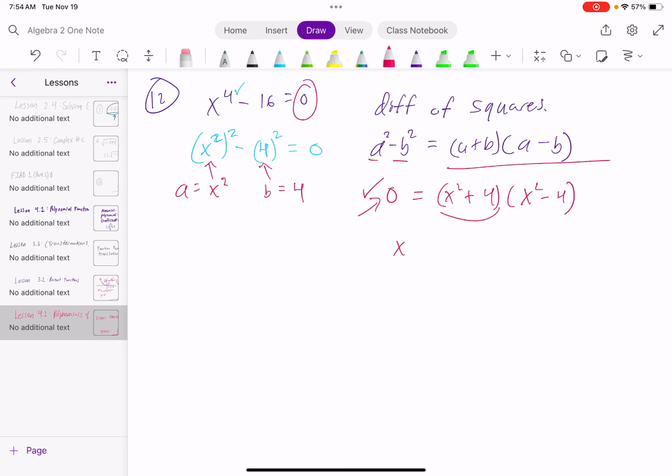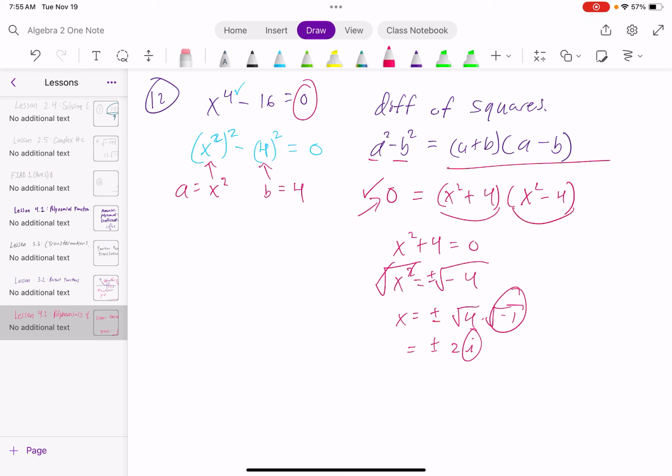So you can solve for x like that. We got x squared is negative 4, and the square root will cancel this out. Don't forget plus or minus. Now this is the same as the square root of 4 times the square root of negative 1, because the square root of negative 1 is i.